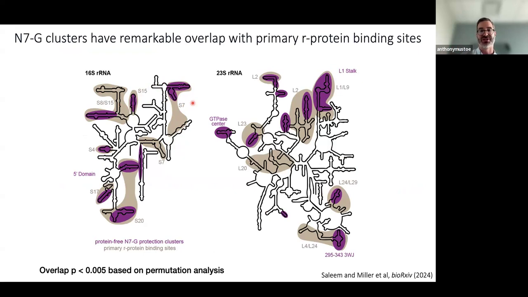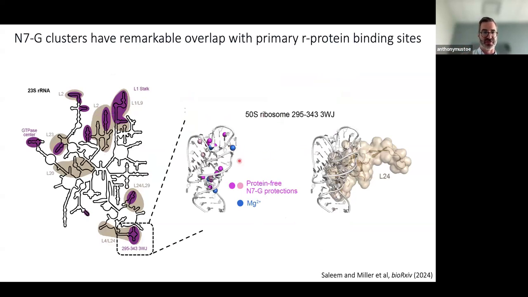So this is very much consistent with the idea that the ribosomal RNA is effectively encoding the hierarchical assembly of the proteins via these tertiary structures that seed that process.